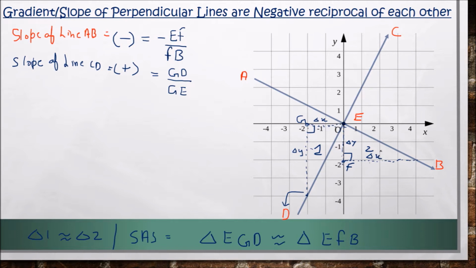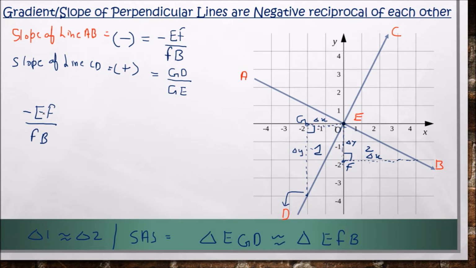Now, since these two triangles are congruent, we can prove that these two perpendicular lines will have slopes that are negative reciprocal of each other. Now, let's have a look at the slope of line AB. Slope of line AB is minus EF divided by FB, which is basically change in y divided by change in x.